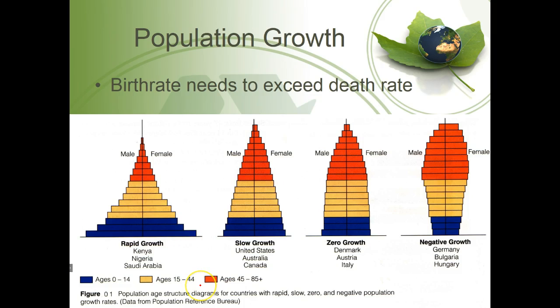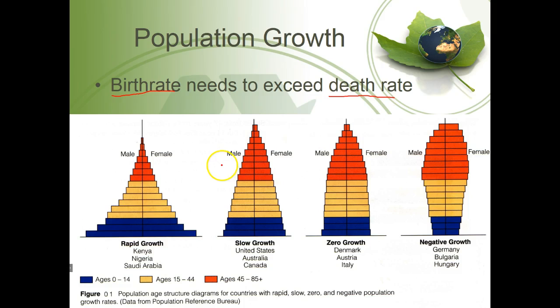Now, if we look more at human growth in these cases, all populations, regardless of species, are going to follow the same pattern. When birth rate exceeds the death rate, then the population is growing, and that makes sense. When more babies are being born than people are dying, then the population is growing.